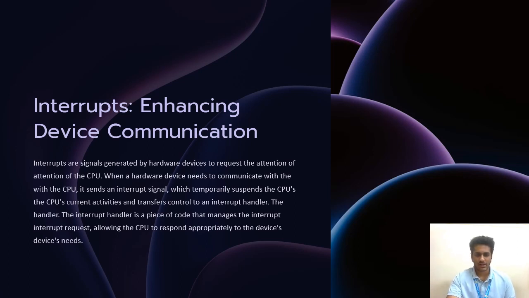Definitely the CPU will be assigning some work to the devices which are connected. When the hardware device needs to communicate with the CPU, it sends an interrupt signal which temporarily suspends the CPU's current activity. So the main thing about the interrupt is the suspension of the CPU, that the execution of the CPU will be stopped automatically.